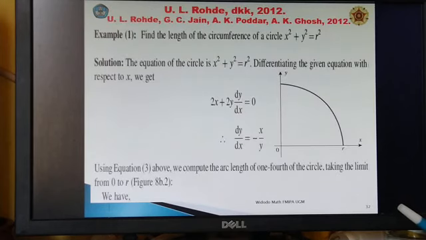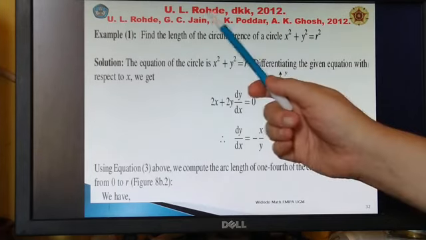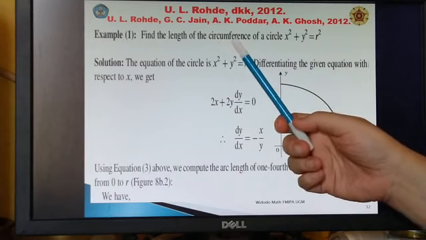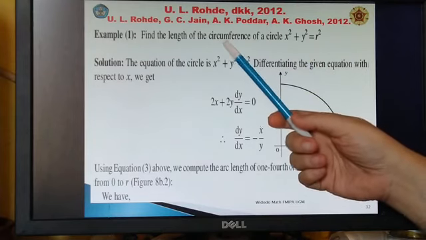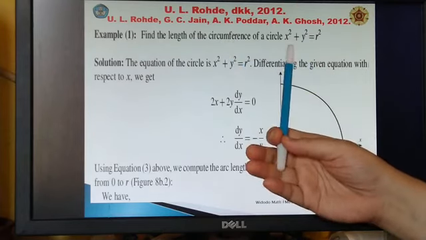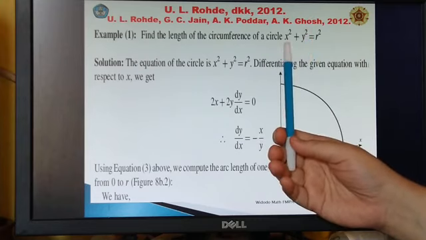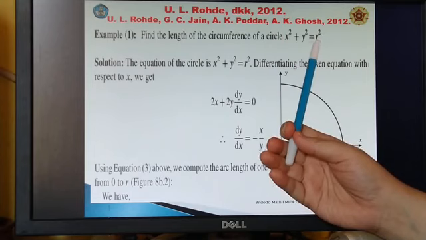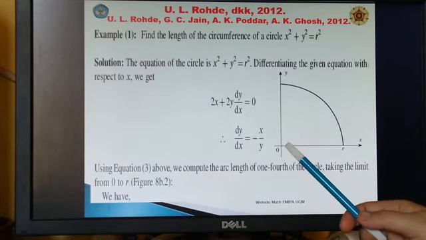We can also have some other example from the book of Rode. For instance, this one. We want to find the length of the circle. This is the circle with radius r and the center is 0,0.